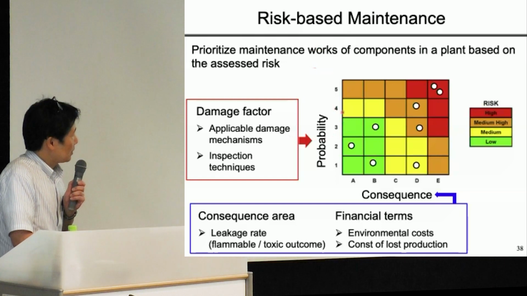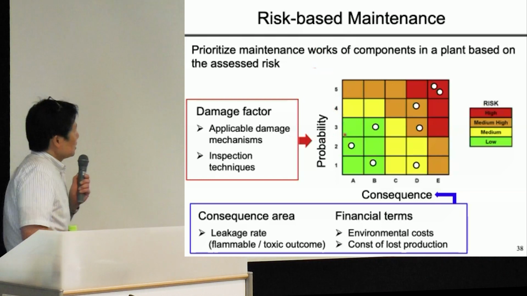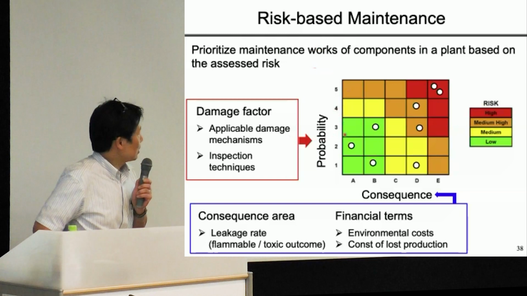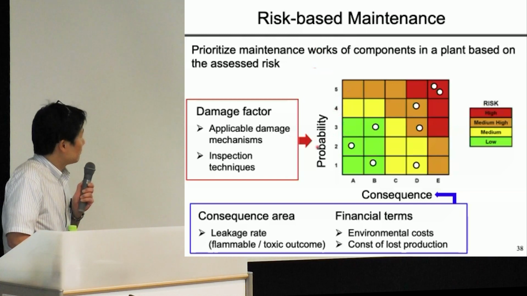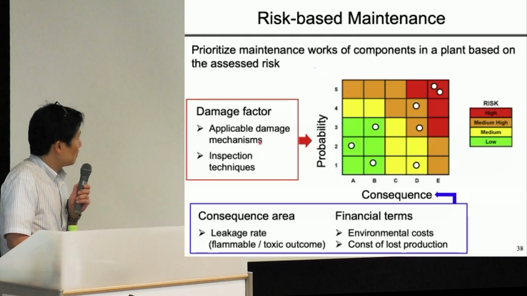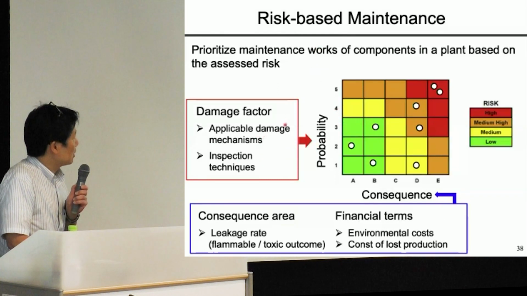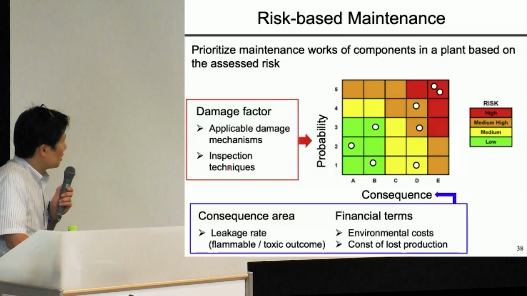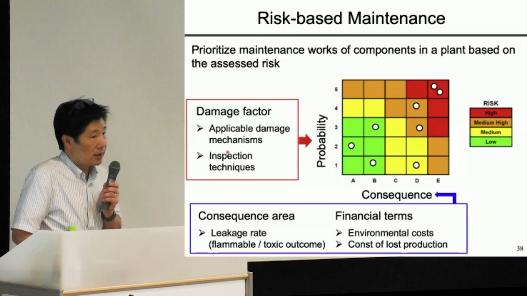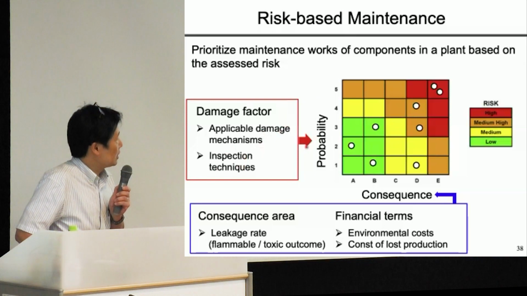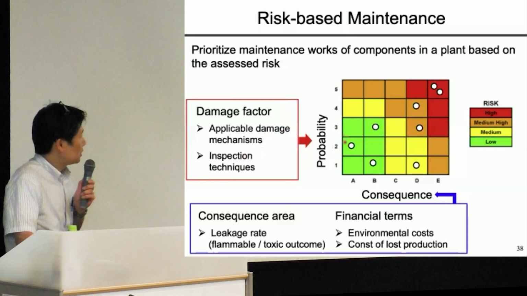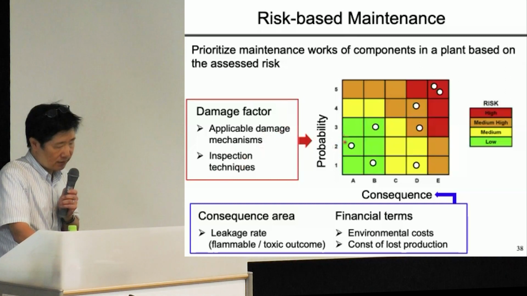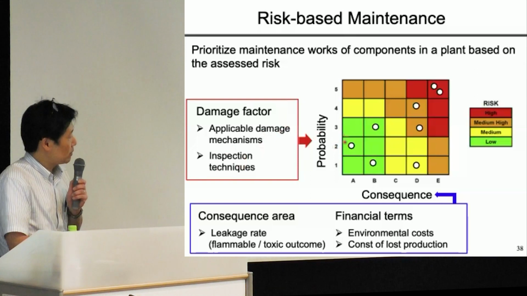And I do hope you understand that, based on a reliable damage model and a reliable inspection technique, we can decrease probability of failure and decrease the risk. Okay, so that's all, this is the end of my talk.